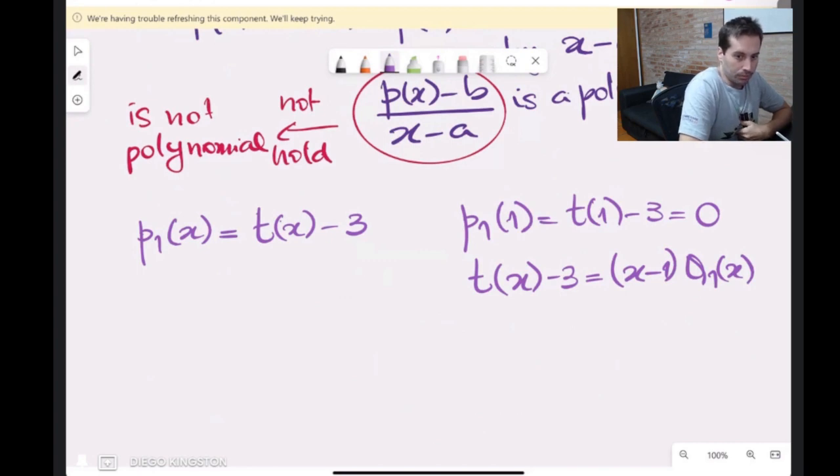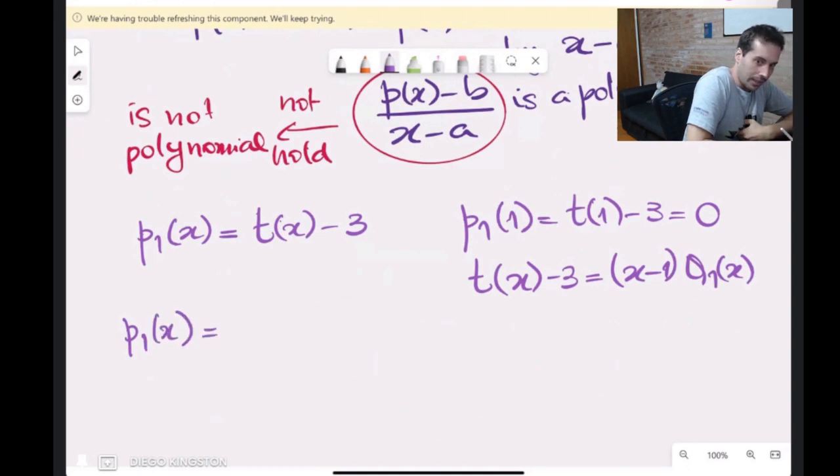Well, we can calculate p1 of x, and in this case it is 13x cubed plus 2x squared plus 16x plus 3.